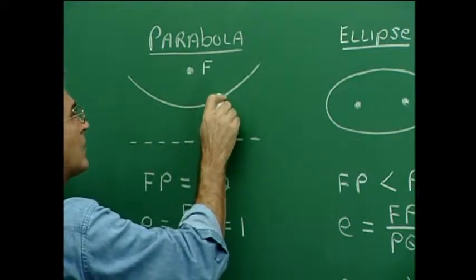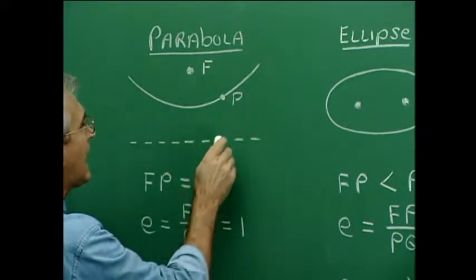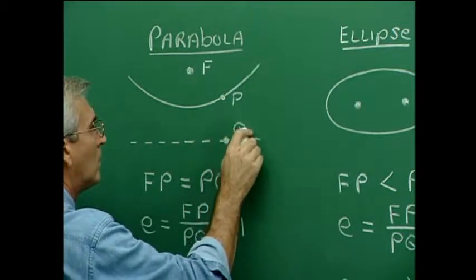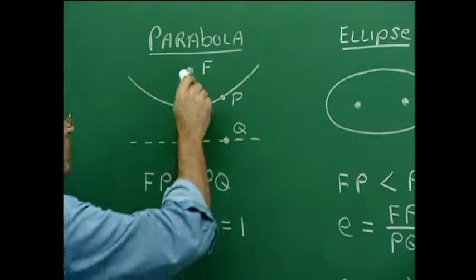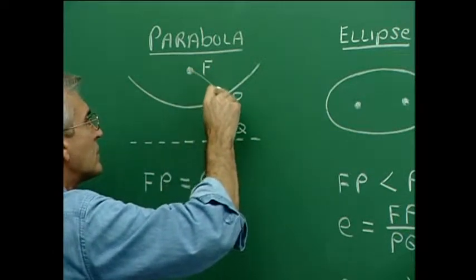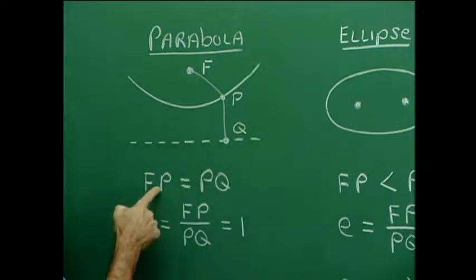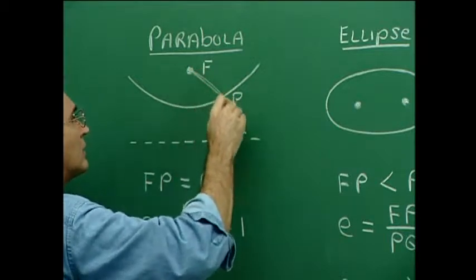Here is a point we'll call P on the parabola. And here is a point Q on the directrix. Now, we know that this distance and this distance are equal to one another. That is, FP is equal to PQ. That should be a straight line distance.